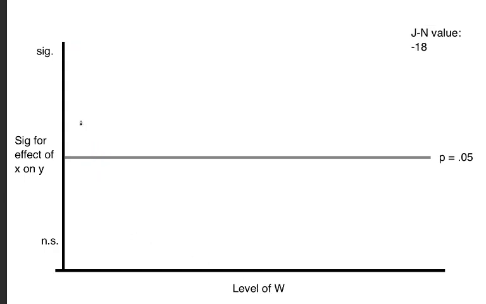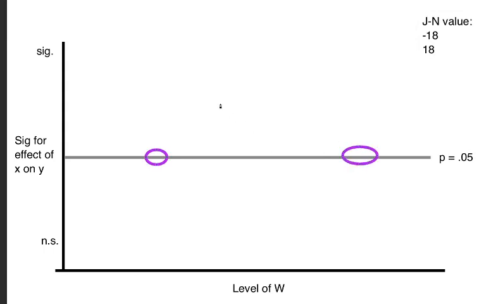Now, so far we've just worked with one value. There's only one region where the significance crosses this p = 0.05 line. But we could have more. So let's put negative 18 and positive 18, so it's crossing here and here.